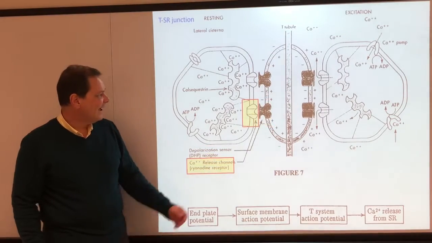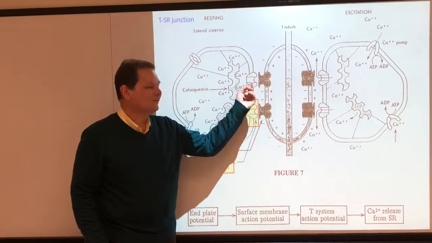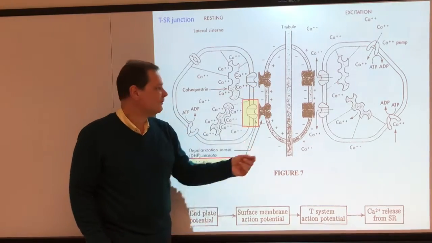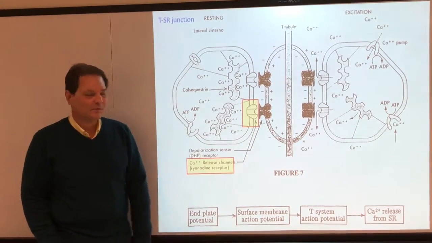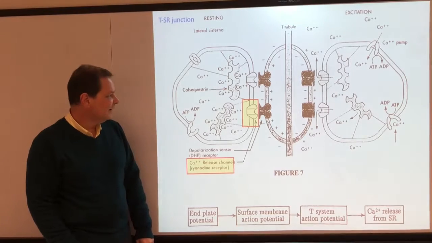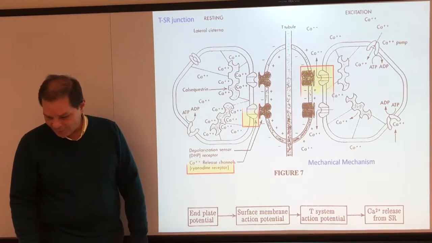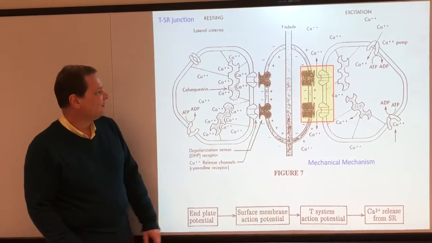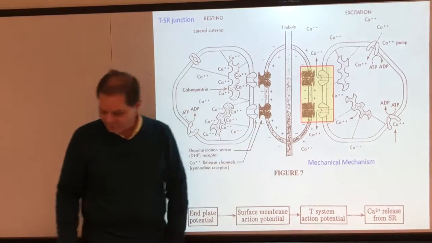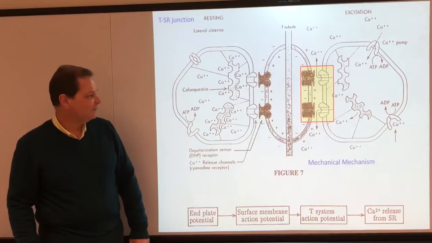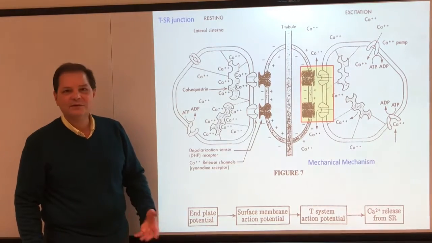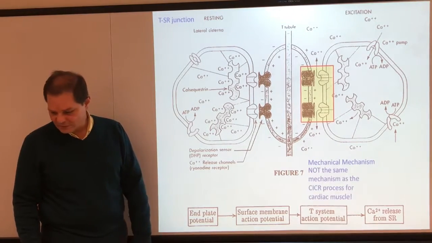It directly connects, although they don't look directly connected here, to the ryanodine receptor, or the SR calcium release channel, and through a mechanical mechanism that opens the ryanodine receptor, and you get calcium release. The calcium binds to troponin C, and you get muscular contraction.